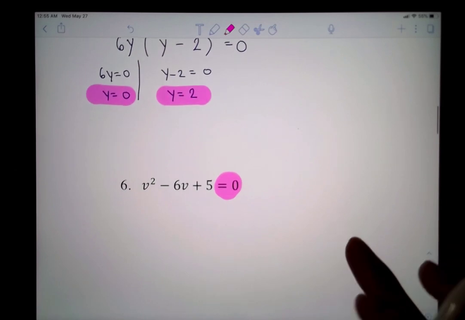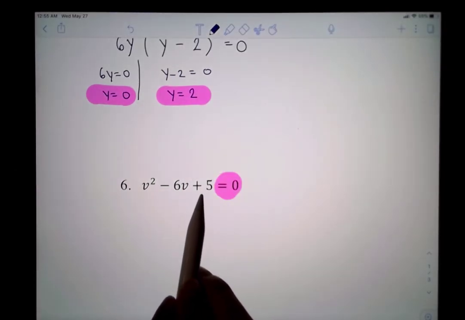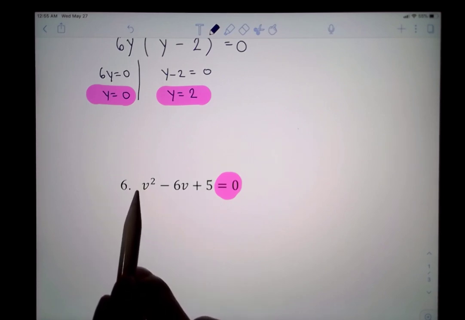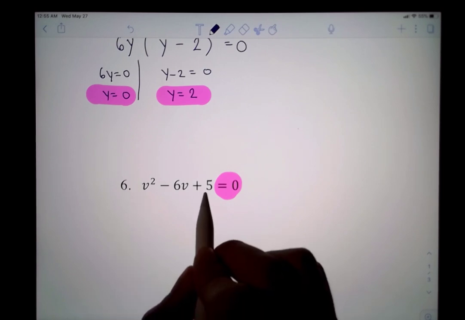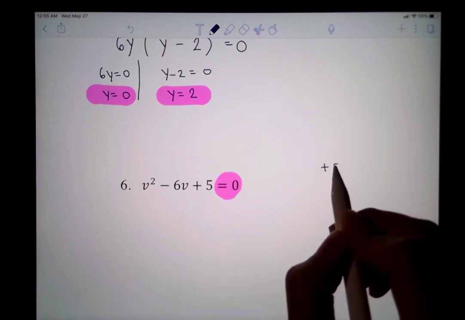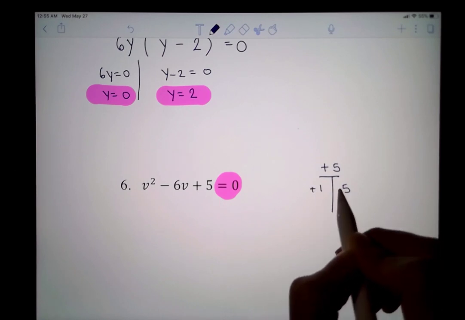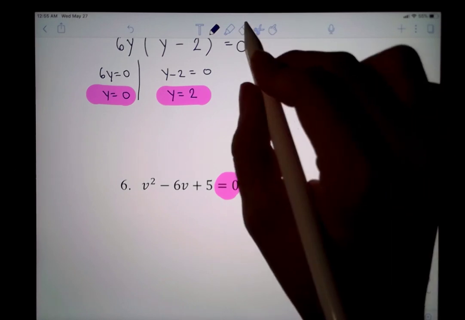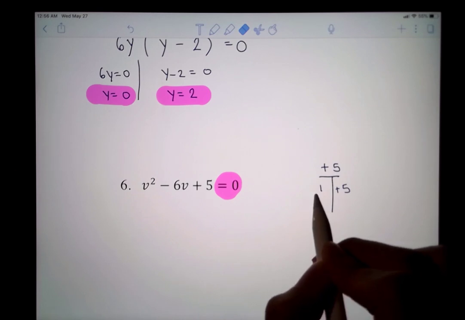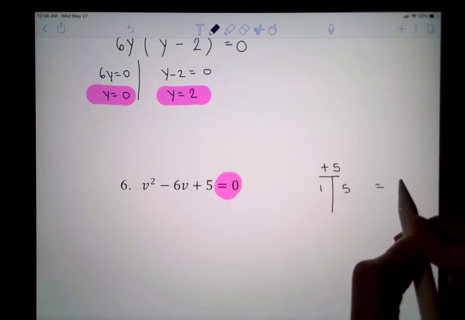And number 6, what is this? Trinomial, right? That's a trinomial. And then you need to check your A. A is 1. This is an easier one, right? So A is 1. So what do we do? We just break down this 5. It's positive 5, right? So 1 and 5, and when you add, you get 6.